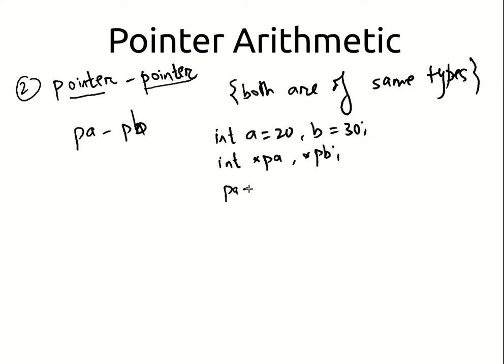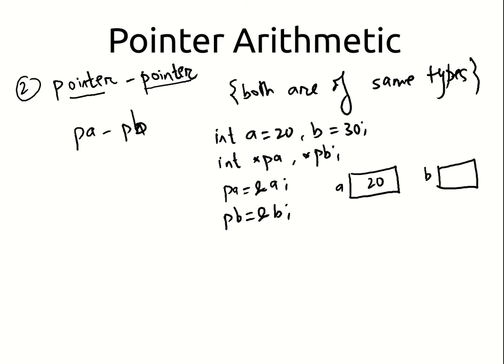and let pa have the address of a and let pb have the address of b, and let pictorially a look something like this, let b be something like this, let the address of a be 1000 and the address of b, let it be maybe 1012.